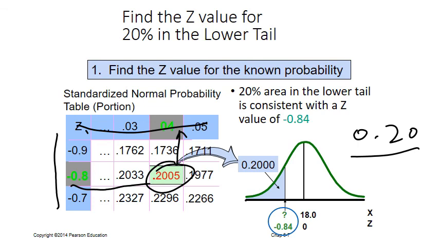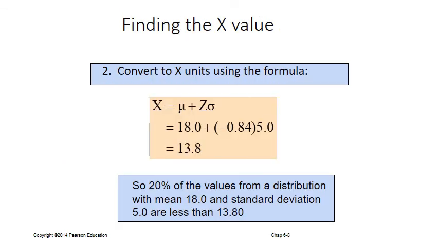Now we will substitute the values into the formula. Mu was given 18, sigma was given 5, and we just figured out z, which is minus 0.84. If you solve this, x is 13.8. So 20% of the values from the distribution with mean 18 and standard deviation 5 are less than 13.8.